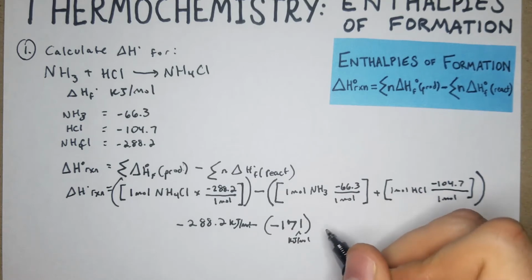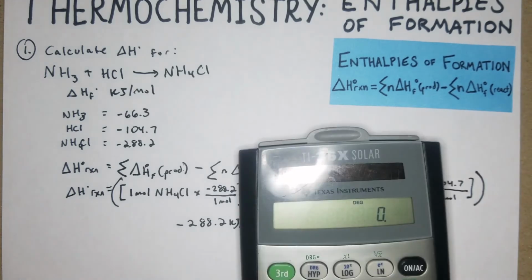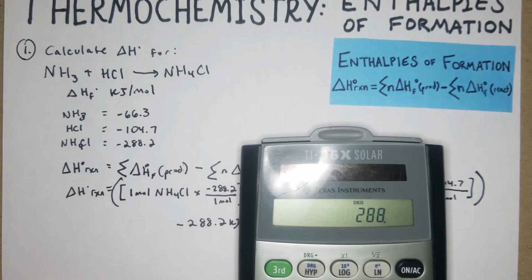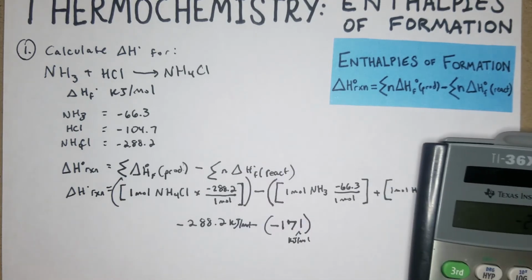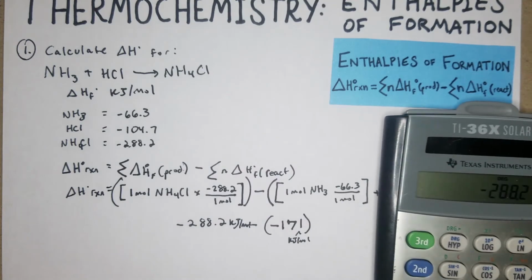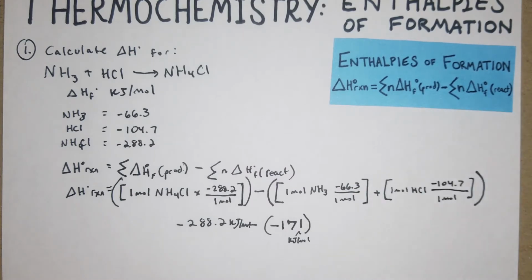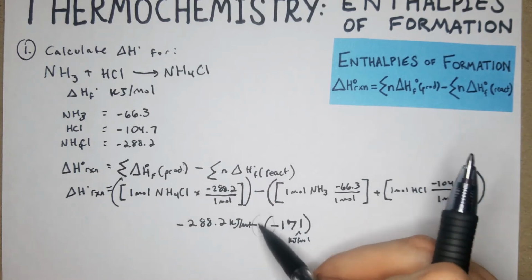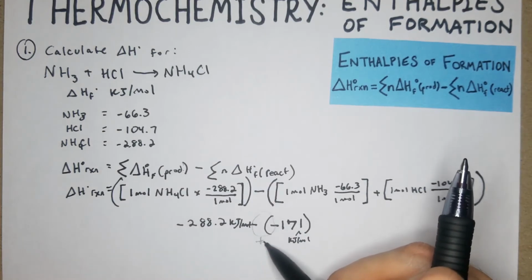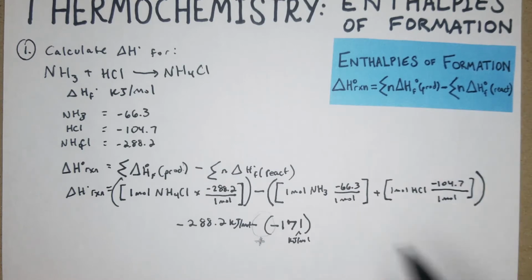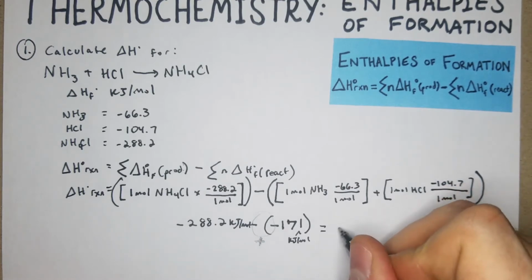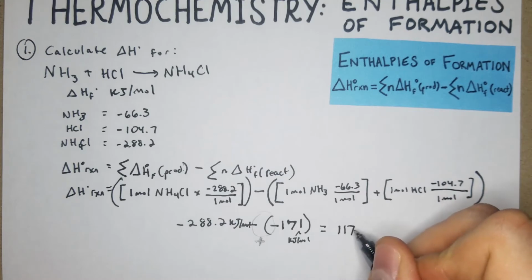So negative 288.2 minus a negative 171 equals negative 117.2, because this basically turns into an addition.